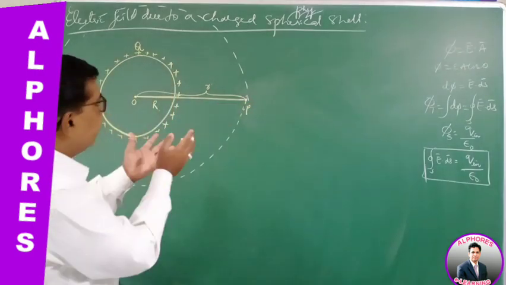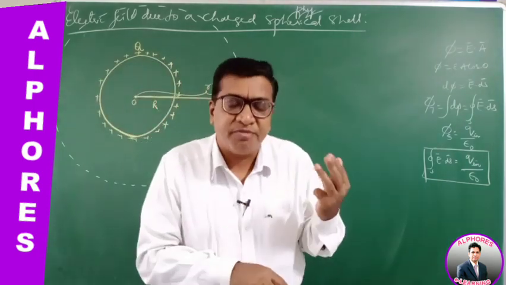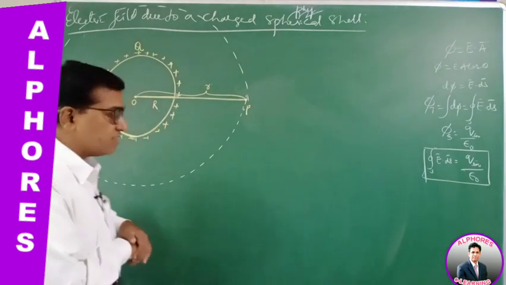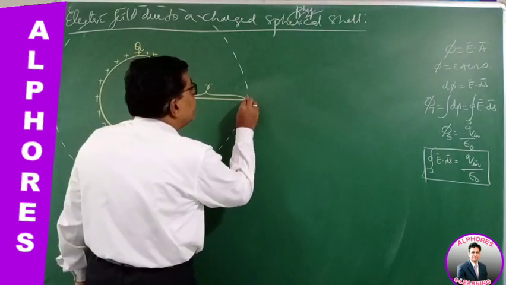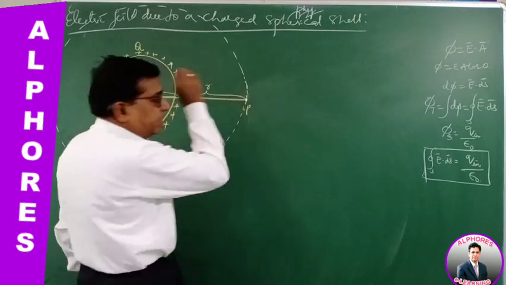First point, imagine a Gaussian surface. It should be symmetrical to the shape of the charge distribution that is given. Second, it should pass through the point where the electric field is to be determined.